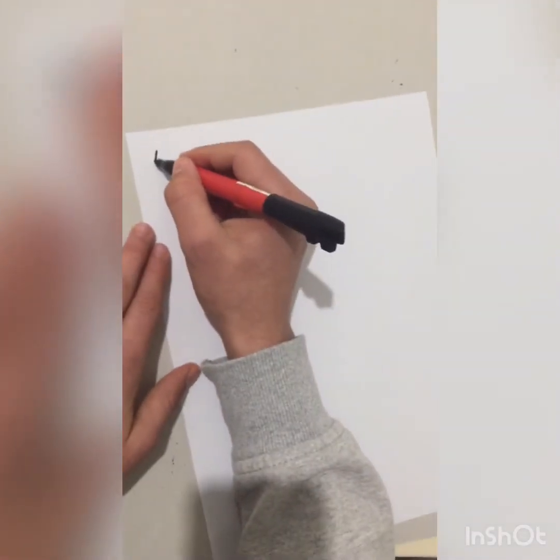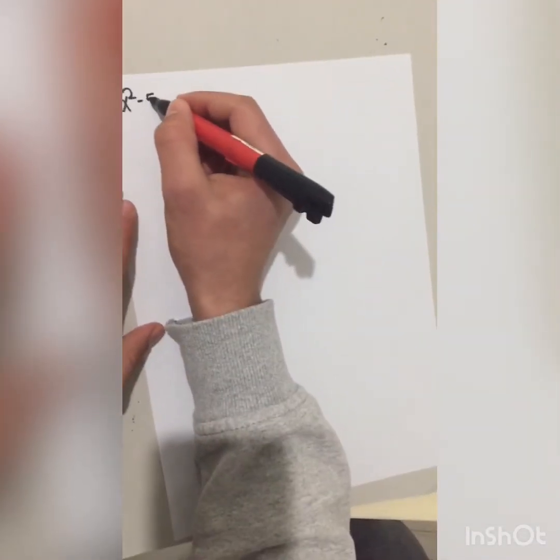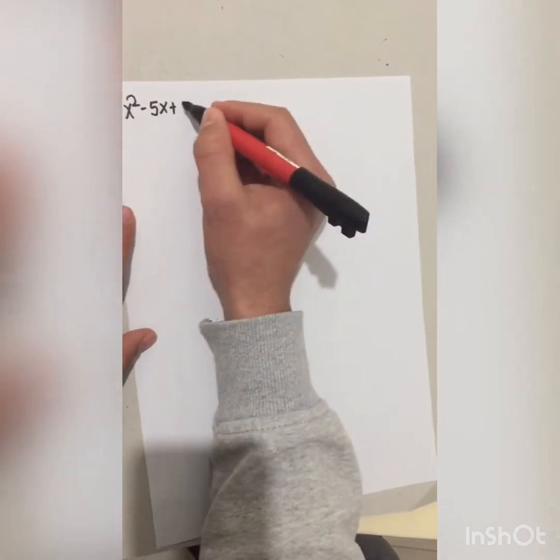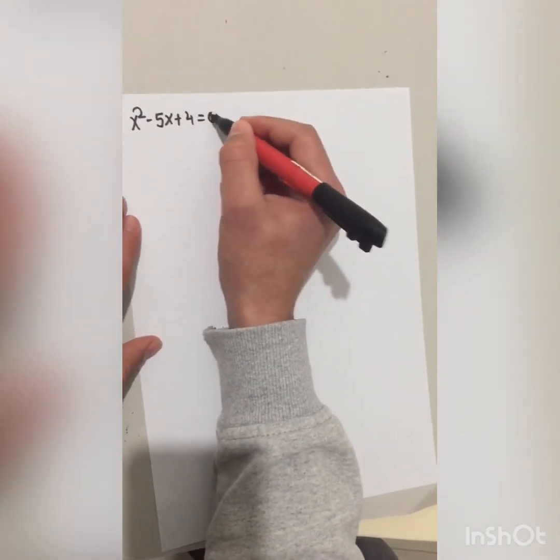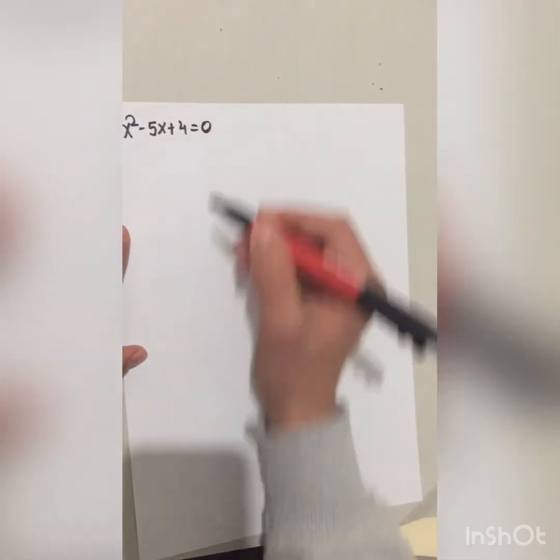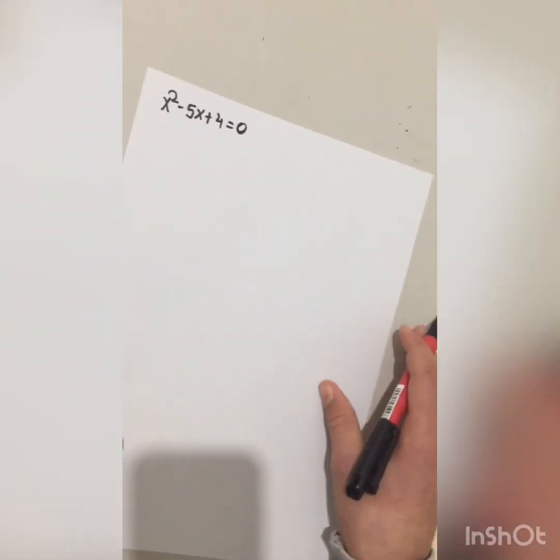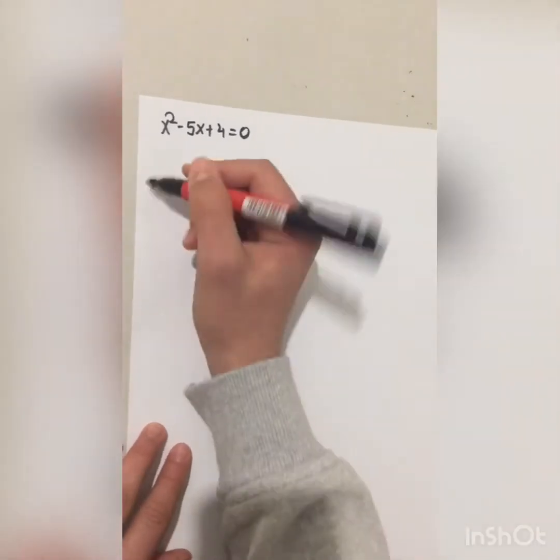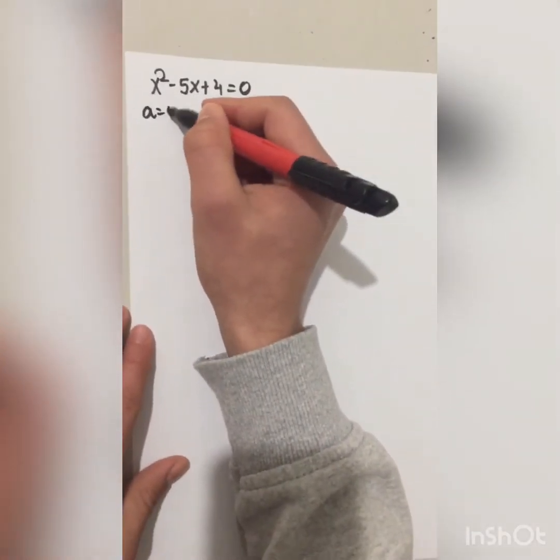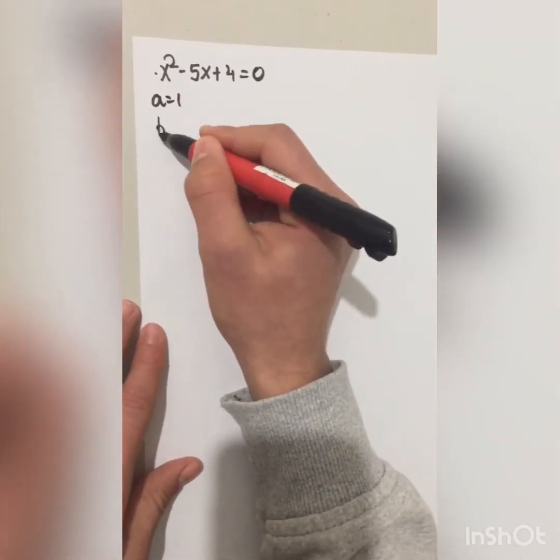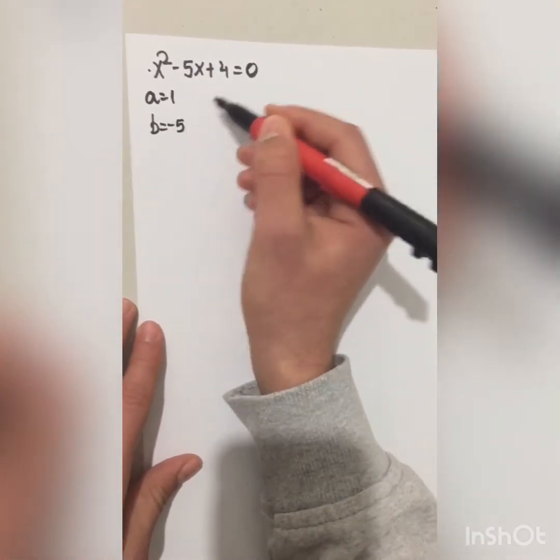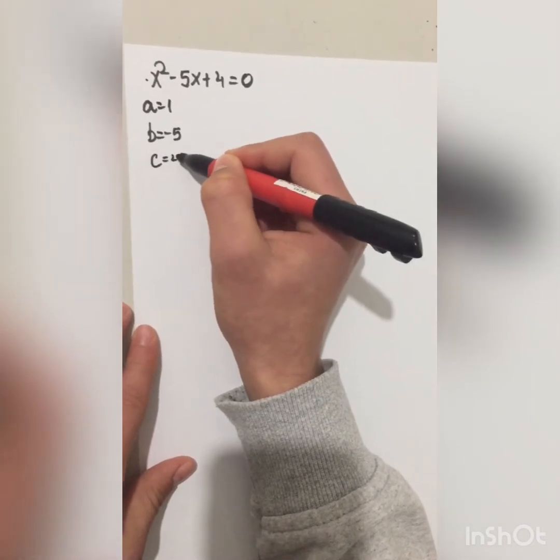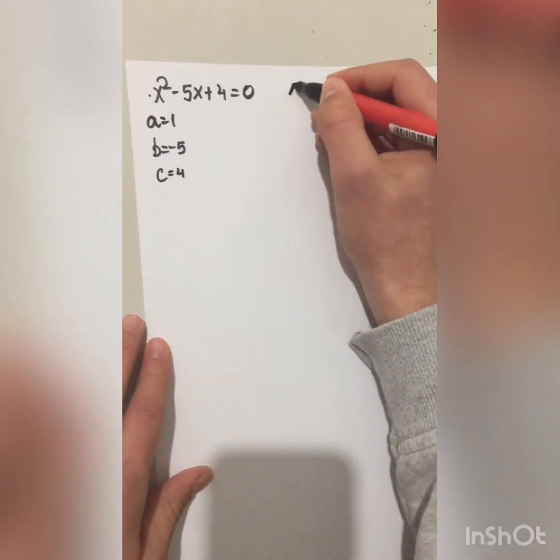Now we are going to solve other tasks with solutions. For example, we have x squared minus 5x plus 4 equals 0. We are going to use the discriminant formula, or the formula with delta. Here a is 1, b is equal to minus 5 and c equals 4. We apply the formula.